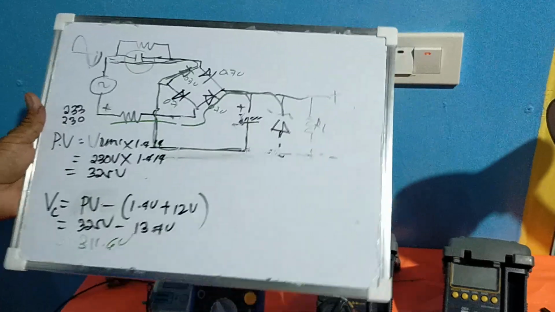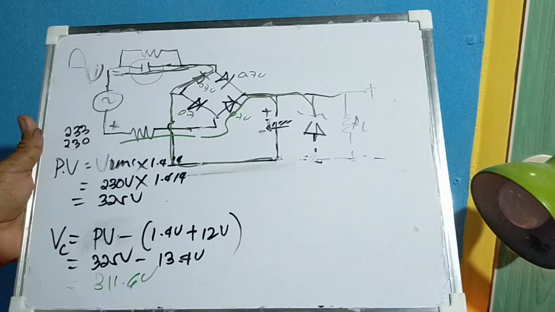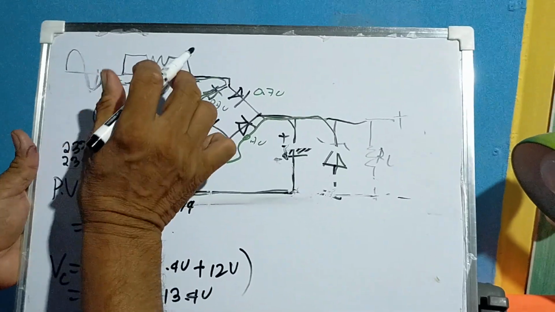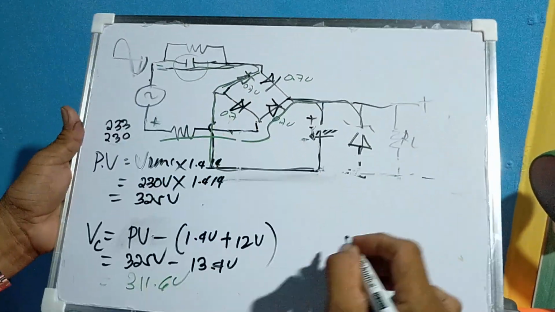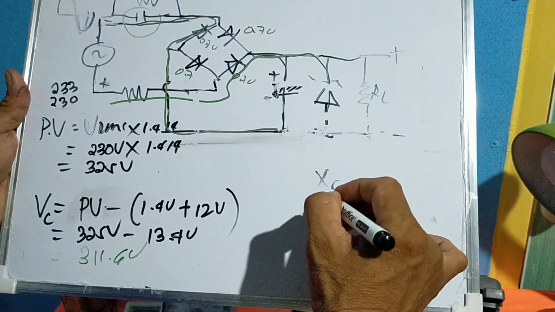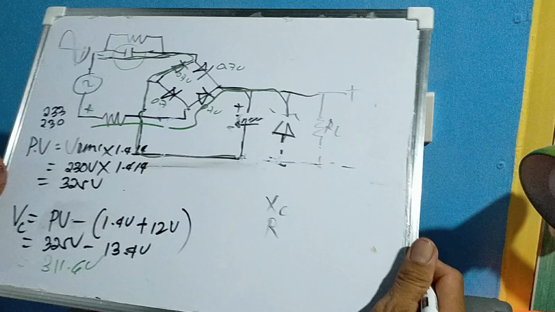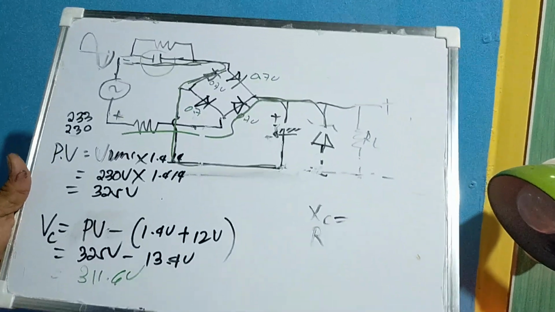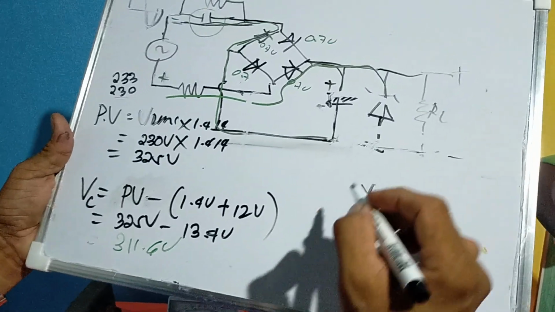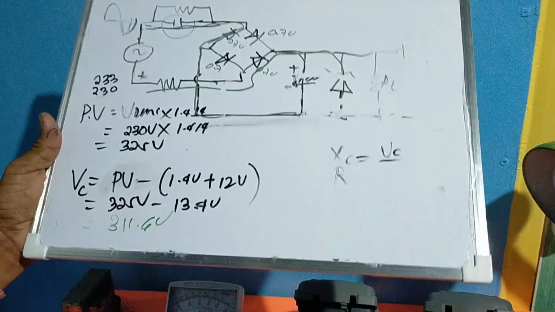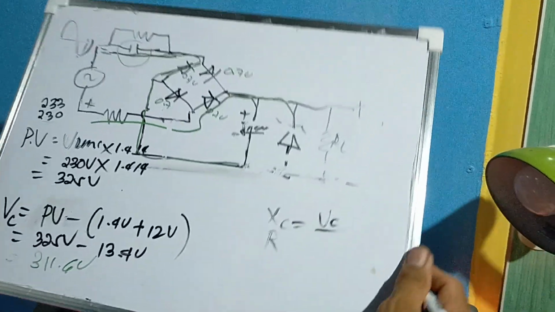Okay? Then, we will now come to the resistance. What should be the capacitive reactance? That is XC. The unit is ohms. Or, it can be considered as R, resistance. XC is equal to the voltage across the capacitor over the current rate.